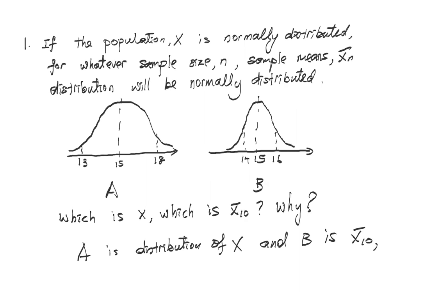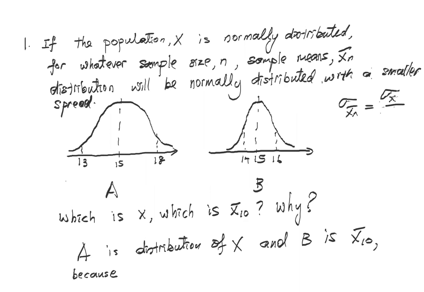Why? Because we know that the standard deviation of X bar n is equal to the standard deviation of the population divided by the square root of n. I forgot to write it down.